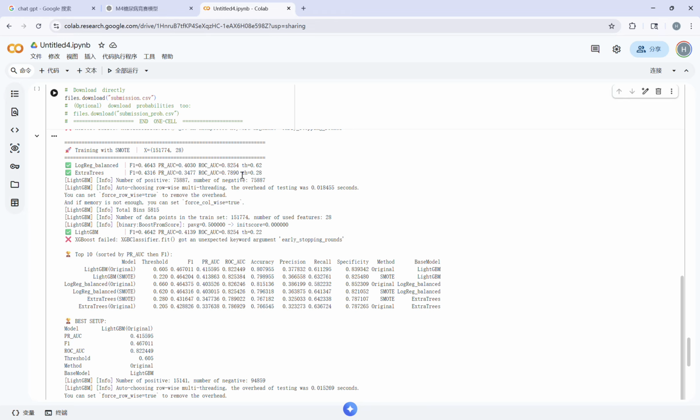The model outputs probabilities, not direct yes or no answers, so we choose a cutoff. If a predicted probability is greater than or equal to 0.605, we label the person as high risk, which is 1. Otherwise, we label them as low risk, which is 0.